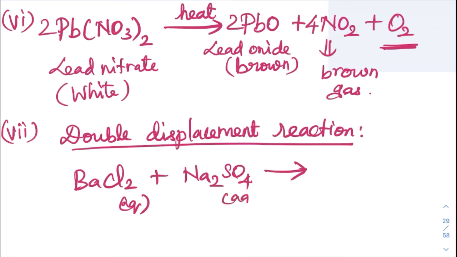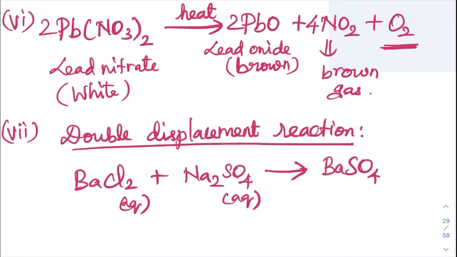Of course, both are taken as aqueous solutions, and when we mix them together, we get what? A solid product, namely precipitate, and the name of the precipitate is barium sulfate. Along with that, we get sodium chloride aqueous solution. Yes. So for balancing, I have written 2 before NaCl. Right.